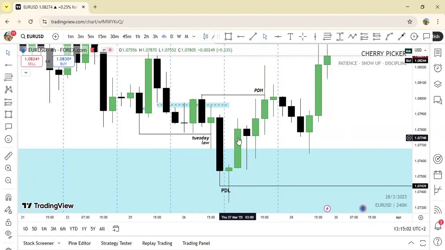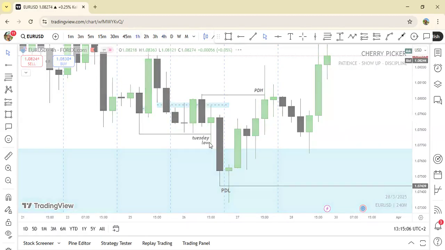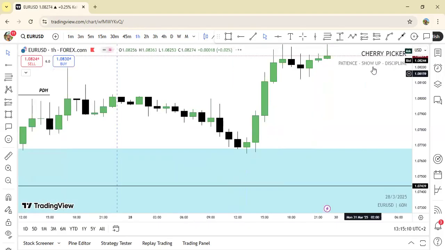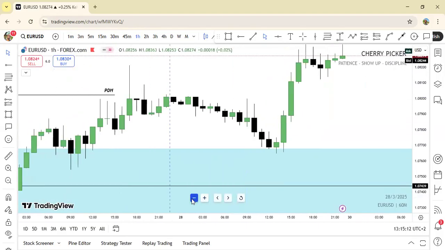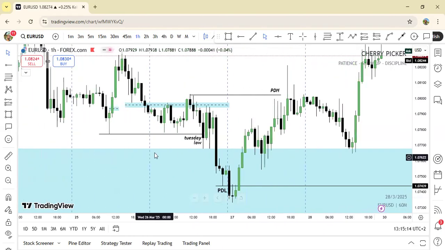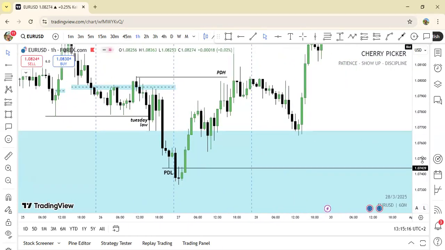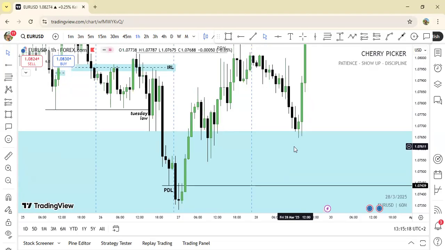We have to drop time: check your setup, check your entry, enter and hold until price hits your liquidity or hits your target, right?